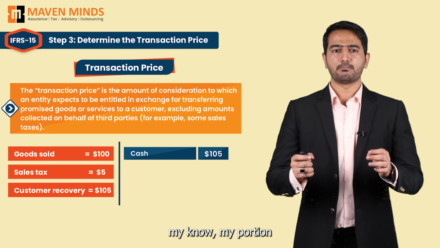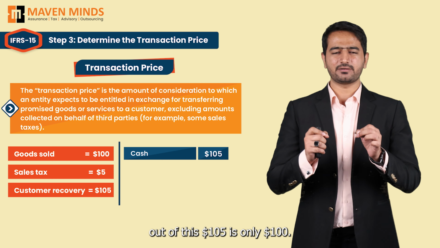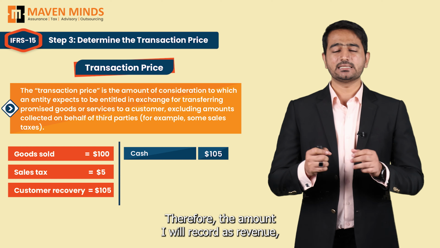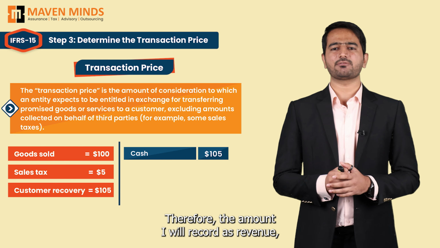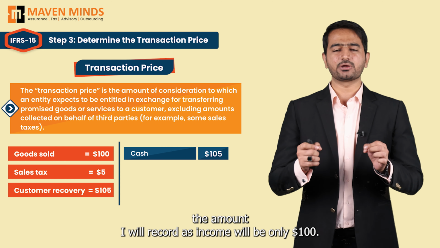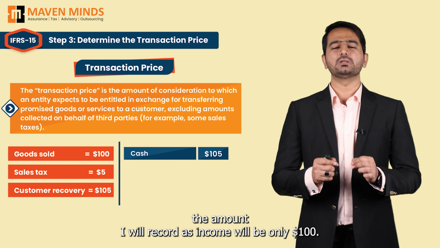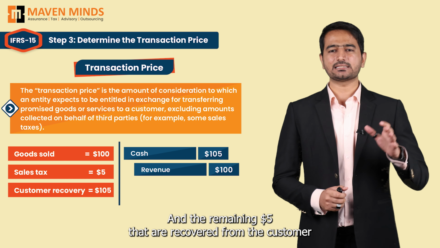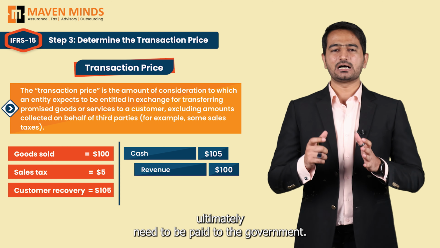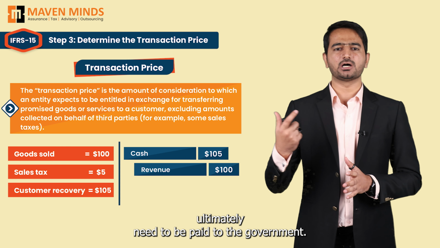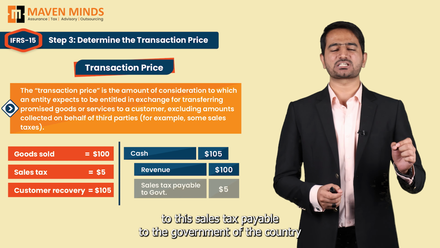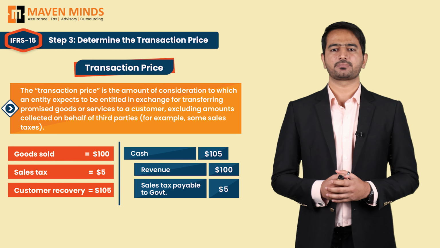No. My portion out of this $105 is only $100. Therefore, the amount I will record as revenue, the amount I will record as income, will be only $100. And the remaining $5 that I recover from the customer ultimately needs to be paid to the government. So I will credit $5 to sales tax payable to the government of the country.